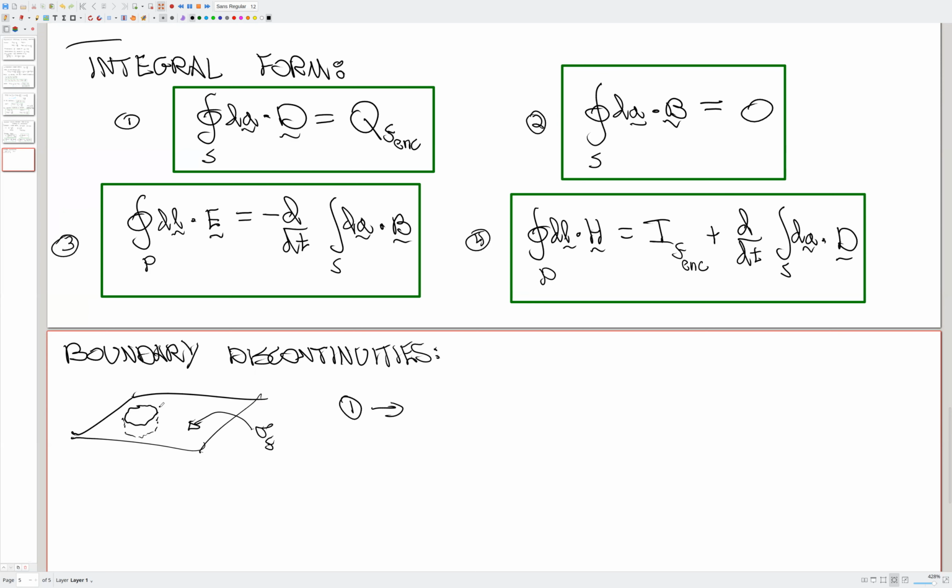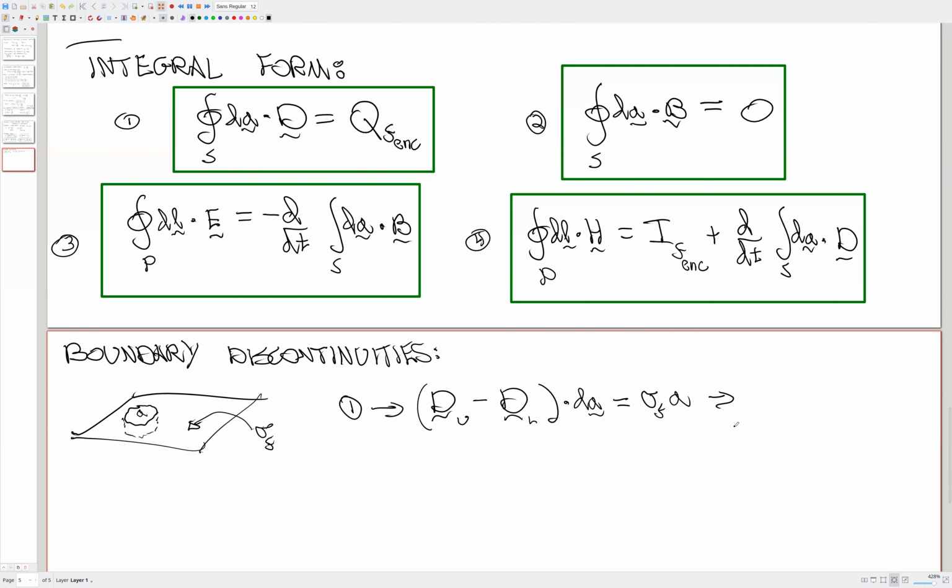I get that the D in the upper minus the D in the lower, dotted into some differential dA, has to be just sigma free times the area of the little bit. So that's a little area A.